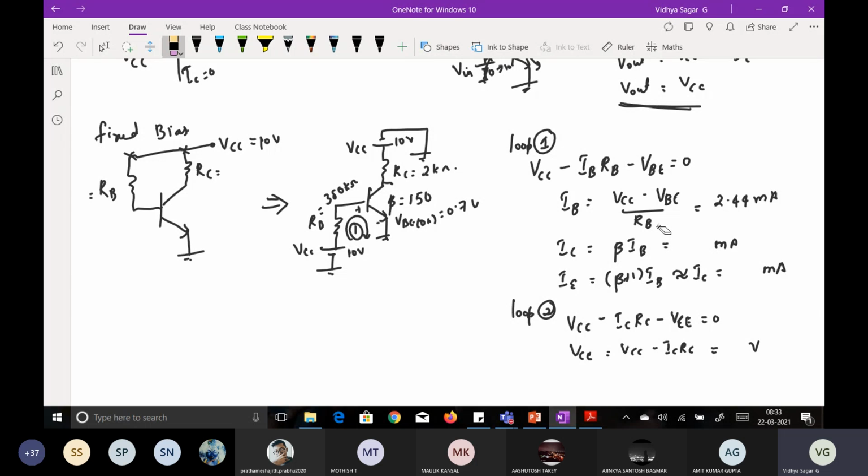Sir, it will be micro, because RB is in kilo, right? Kilo, RB is in kilo. That's what I'm asking. Sir, it will be micro: 24.47 microampere.